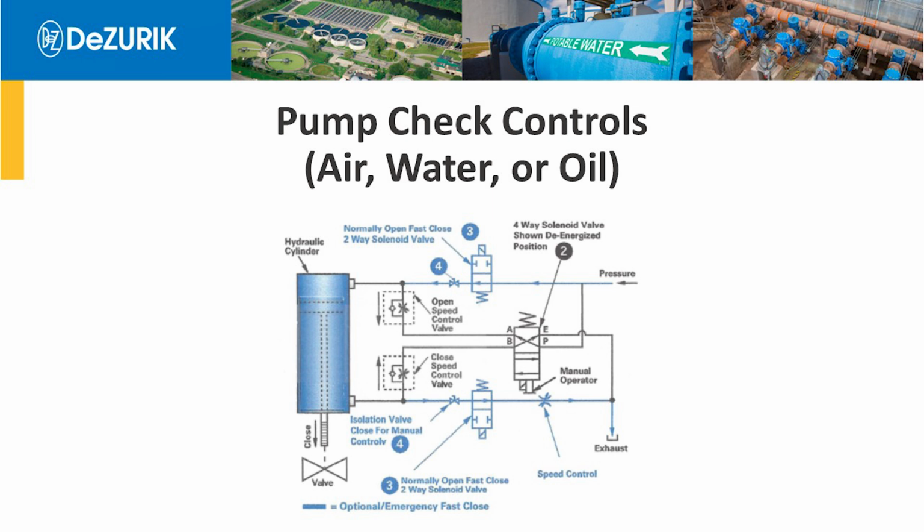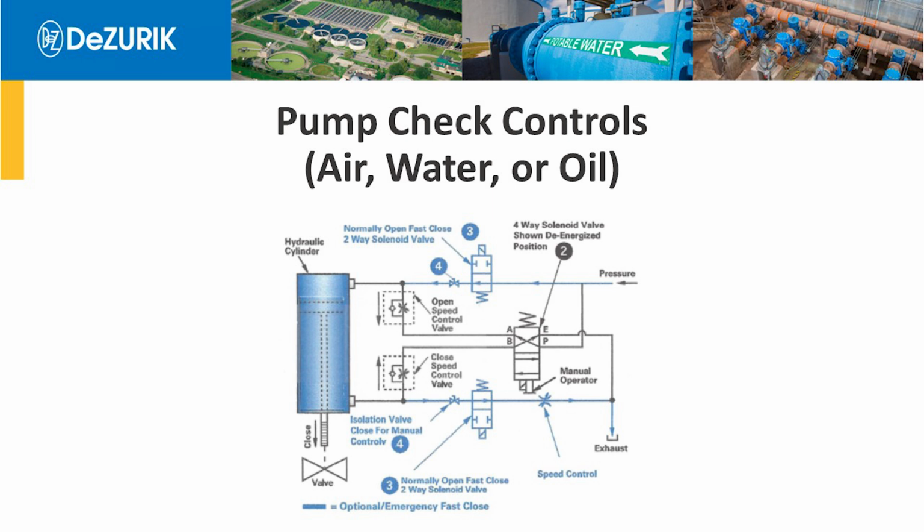Depending upon the application, you might use plant air. If it's a clean water pump station, you can use the water in the pump station to control the cylinder itself. If it's a wastewater pump station and you've got a city water line somewhere in that building for a wash basin or a restroom, you can use that city water to control the cylinder attached to a wastewater valve.